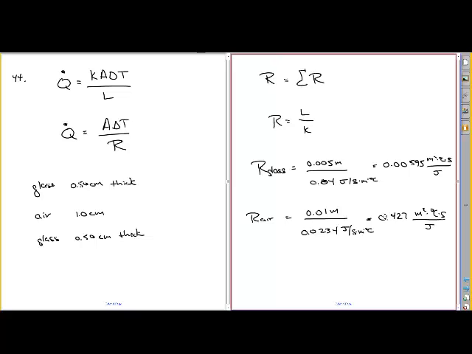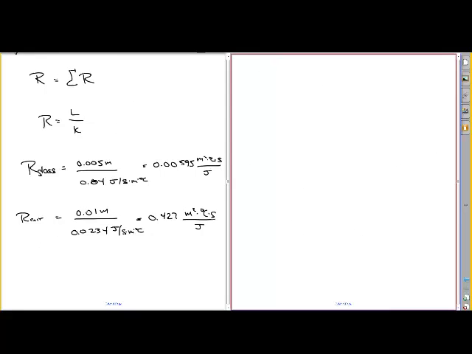Notice the air has a pretty high R value. Higher R value is better for insulating. So we get a lot of insulating value out of the air. That's why we have thermal pane windows, double pane windows.